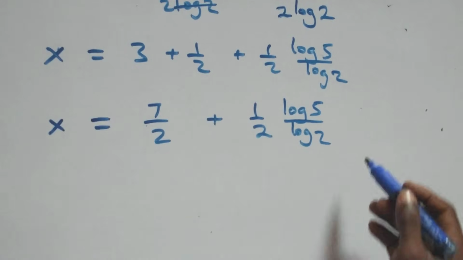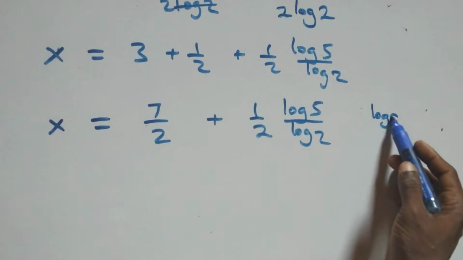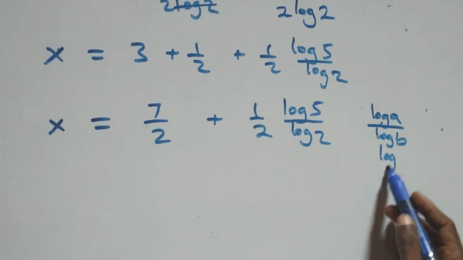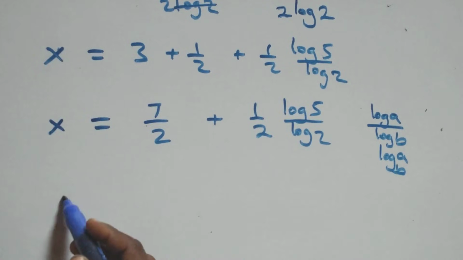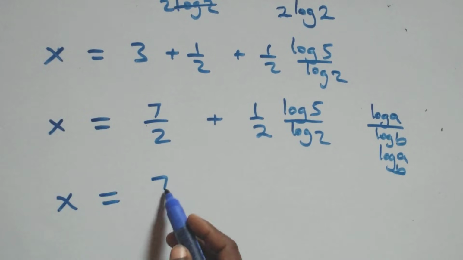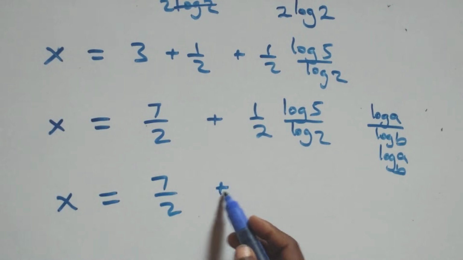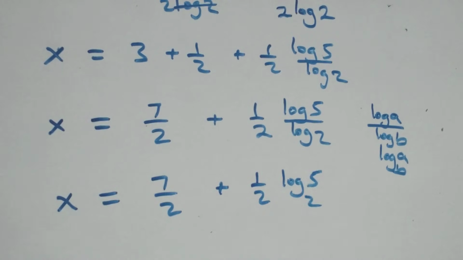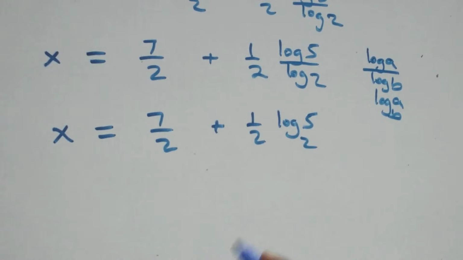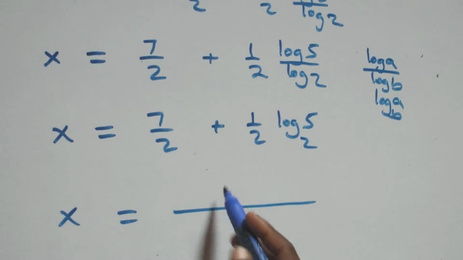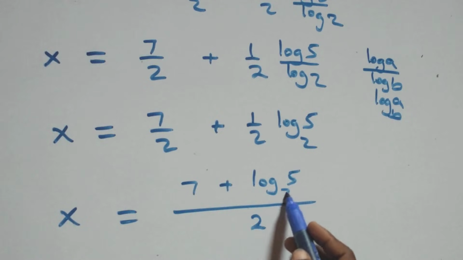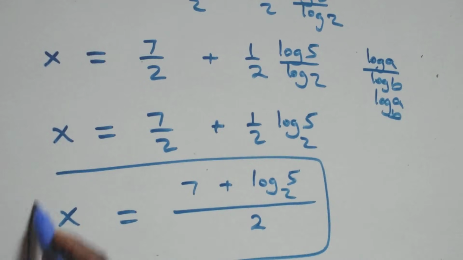Then we apply change of base: when we have log a over log b, this is same thing as log a to base b. That is, here we have x equals 7 over 2 plus 1 over 2 log 5 base 2. Then bring this together as one fraction. We have x equals, the LCM here is 2, 7 plus log 5 base 2 over 2. That is, here we have the value of x.